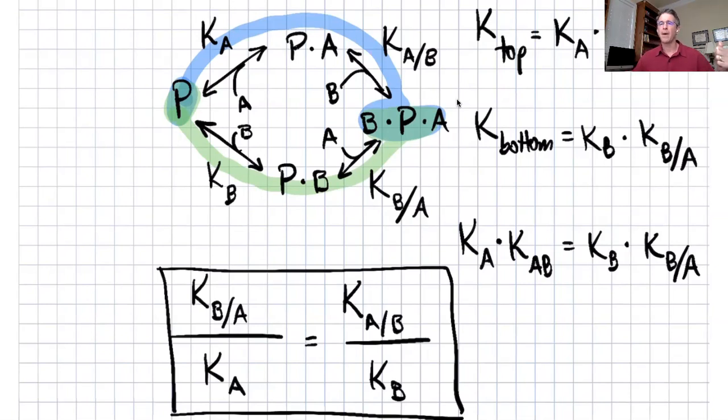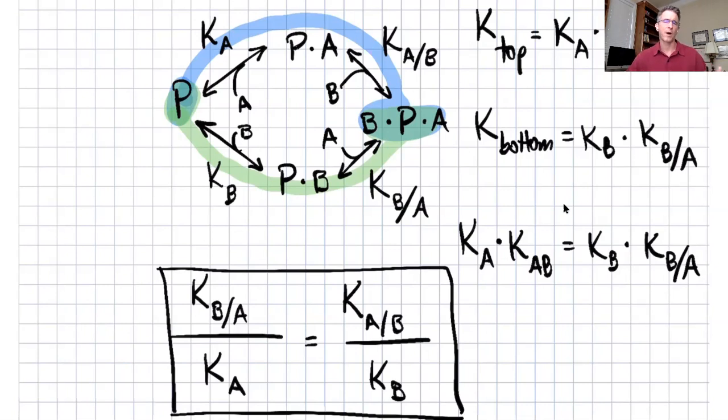So if A makes B binding harder, B must make A binding harder. They're inextricably linked to each other. This is the fundamental idea behind thermodynamic linkage. And those symmetric effects of one ligand on the other are guaranteed by this simple thermodynamic cycle that we set up for how these two molecules are going to bind to the same protein.